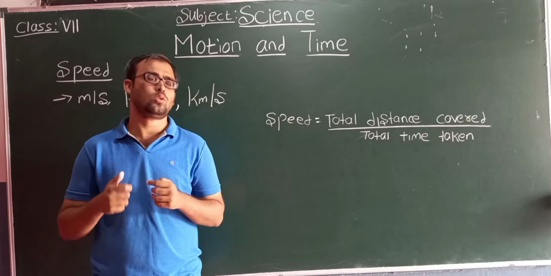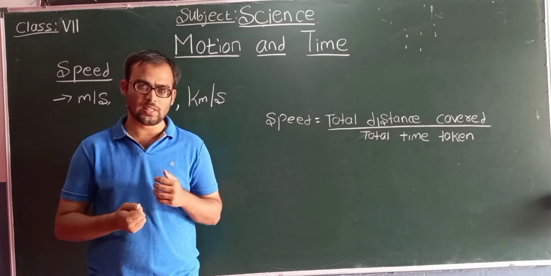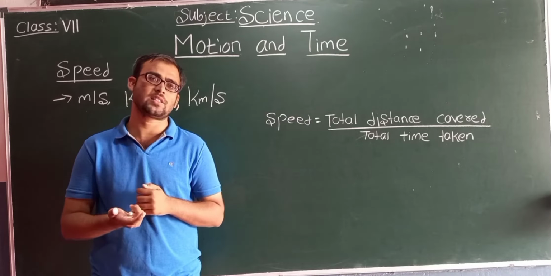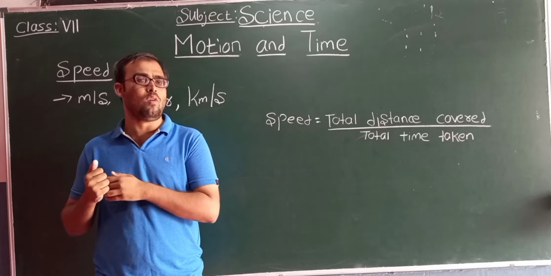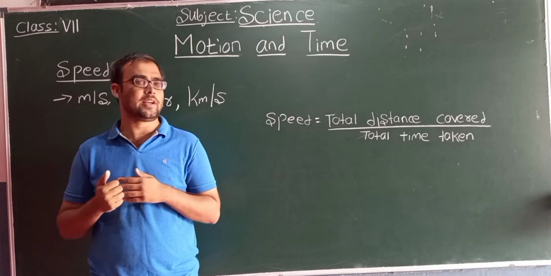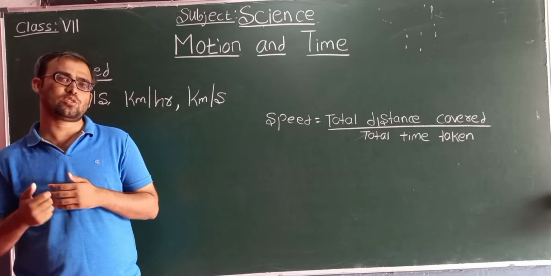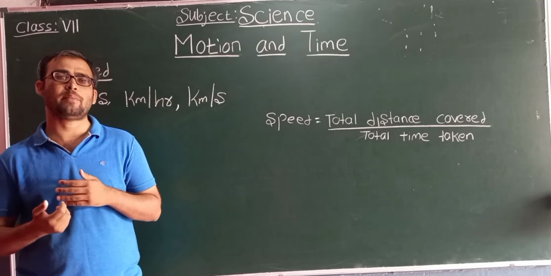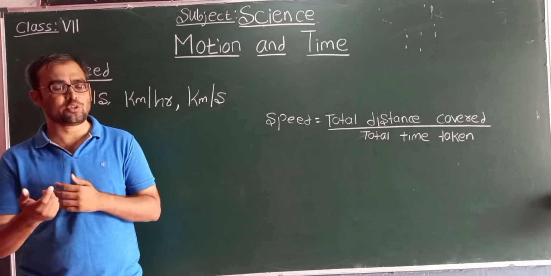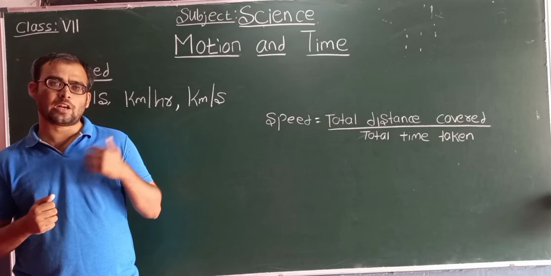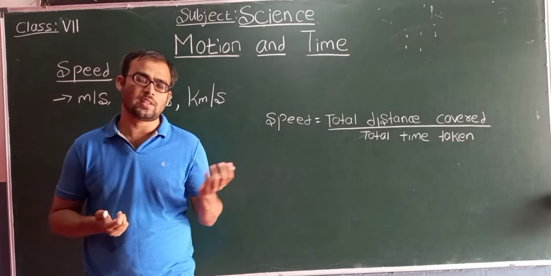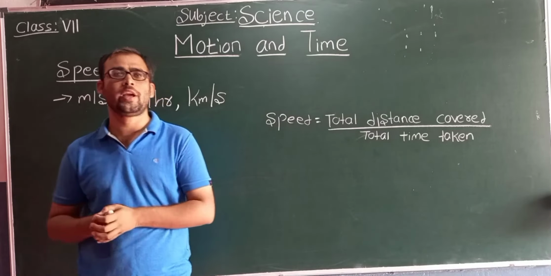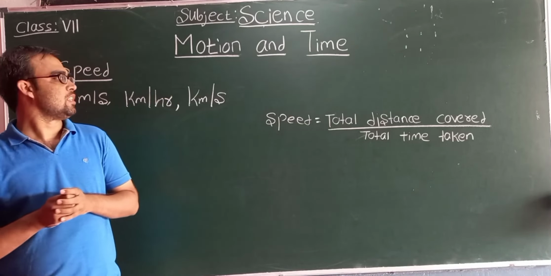To know which of them is moving fast and which is moving slowly, we need to calculate the distance covered by each of them in a given interval of time. Then we can easily say which object is moving faster and which is moving slower.